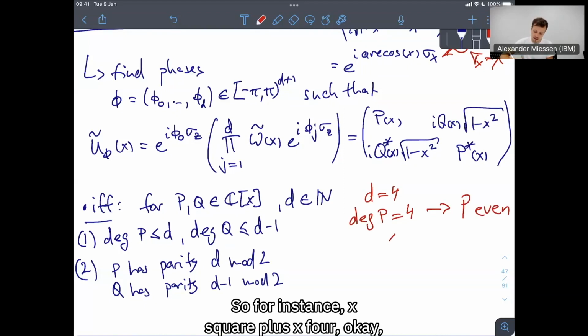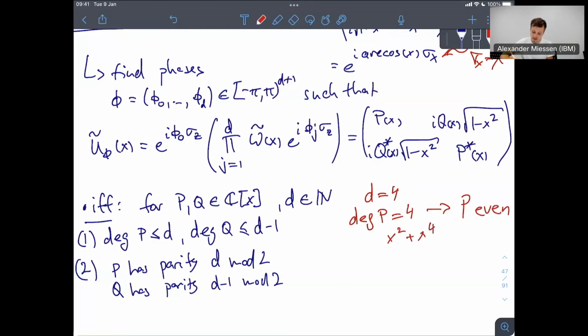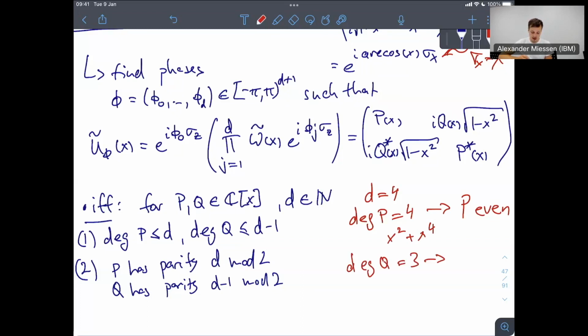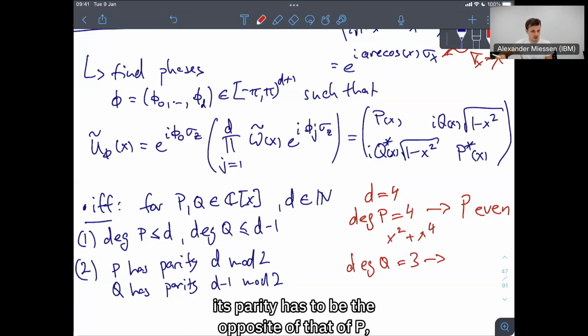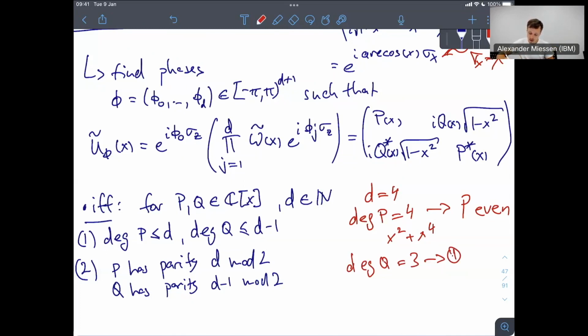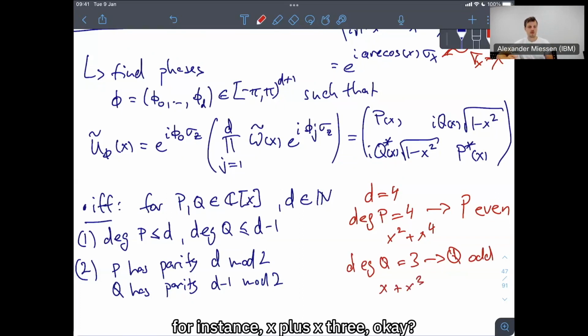So for instance, x squared plus x to the 4. Okay, something like this. Vice versa, the degree of q has to be smaller or equal to d minus 1. So say it's 3. Its parity has to be the opposite of that of p, because d minus 1 modulus 2, so 3 modulus 2 is 1. So q is odd. For instance, x plus x cubed, okay?